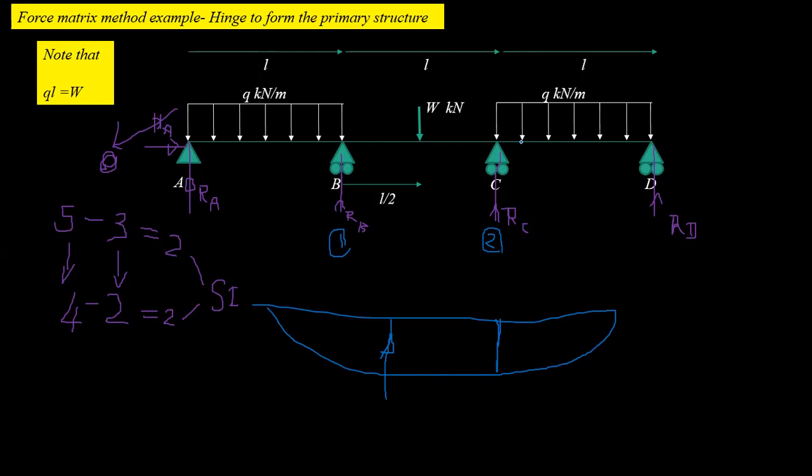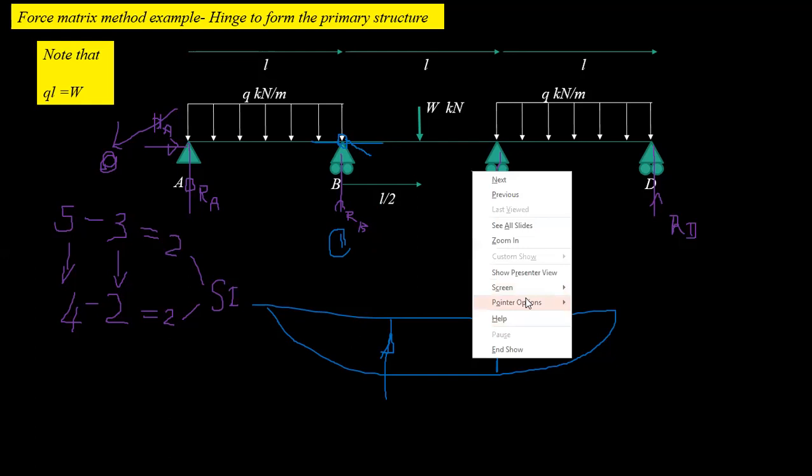Here the beam is continuous, so the relative rotation is 0. Think about the term relative rotation: compared to this part, it will not rotate. If you form a hinge, it can. That's what we are going to do.